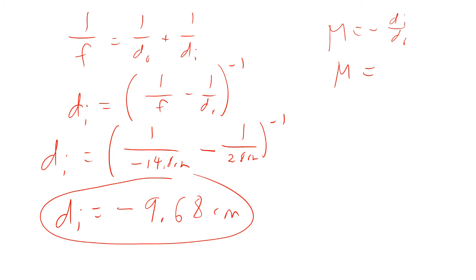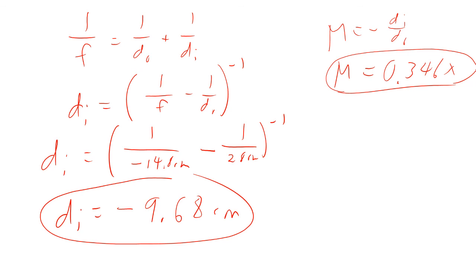So that would be a magnification of 0.346. Positive means it is upright. 0.346 means it's just over a third of the size of the original object.